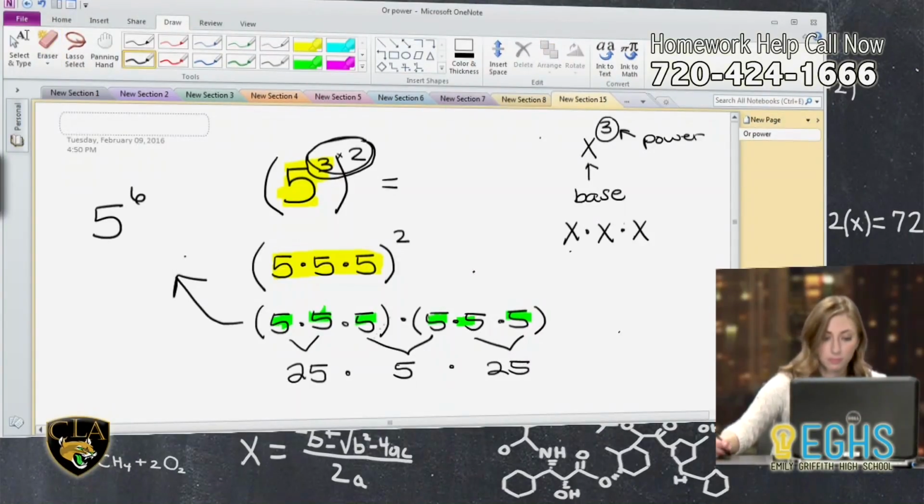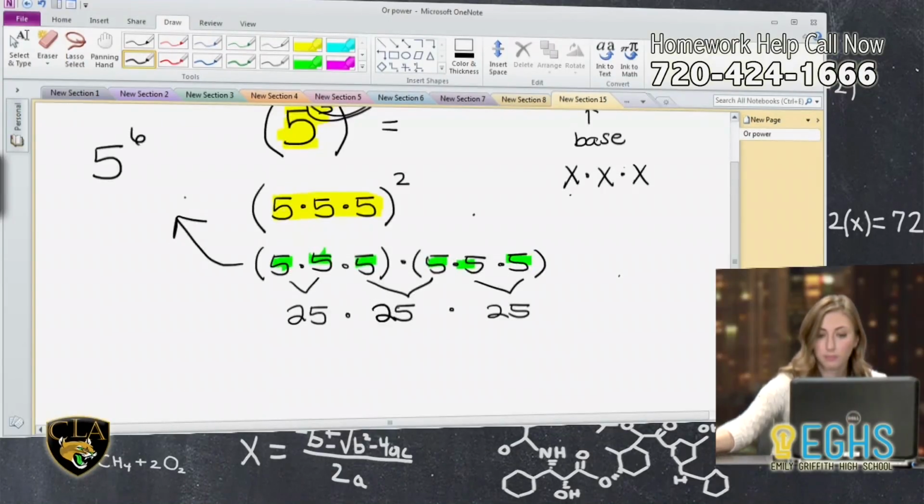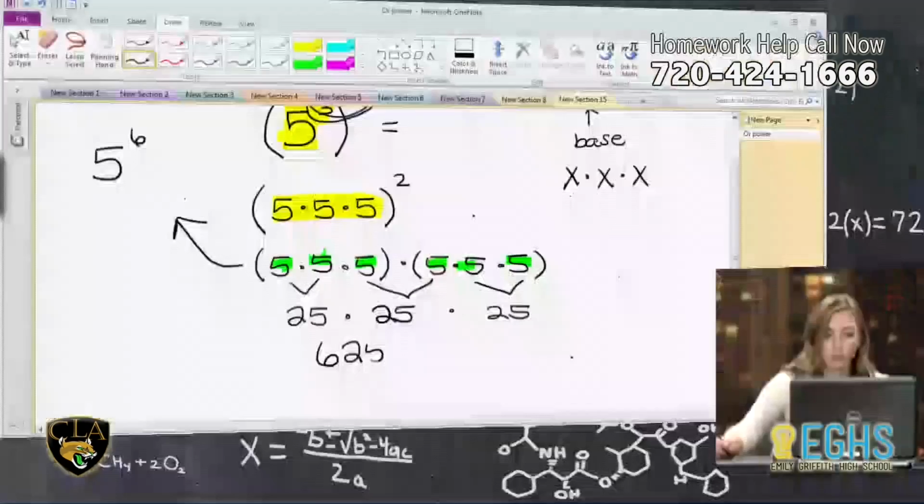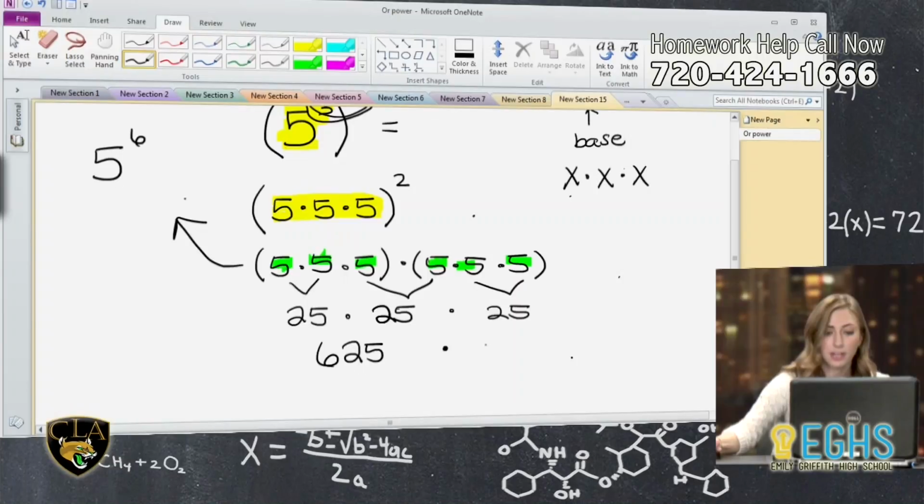All you do for 25 squared is you think about what number comes after 2. Which is 3. 2 times 3 is 6. And any 2-digit number that ends in 5 is going to end in 25 if we square it. So 625. Very nice. And then times 25. Do you have a shortcut for that one? I don't have a shortcut for that one.